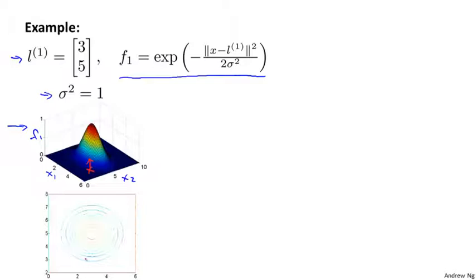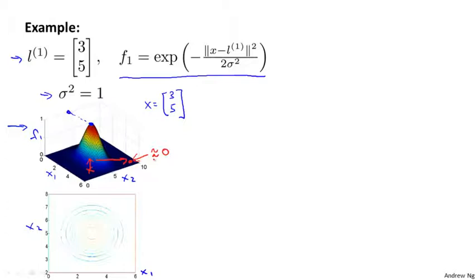And down below is the same figure shown using a contour plot, with x1 on the horizontal axis and x2 on the vertical axis, so this figure on the bottom is just a contour plot of this 3D surface. You notice that when x is equal to 3, 5 exactly, then f1 takes on the value 1, because that's at its maximum, and as x moves further away, this feature takes on values close to 0.